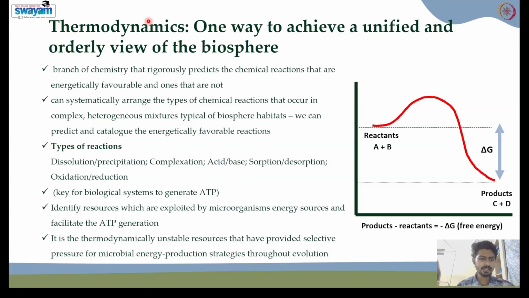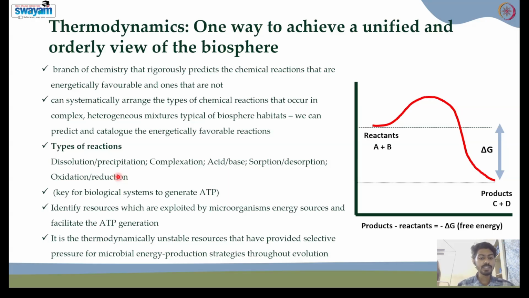So what happens here is it tells us whether the particular reaction is energetically favorable or not. So it tells us which reaction needs to be carried out, whether it is possible or not. And there are different types of reactions, right from dissolution, precipitation, acid base reactions, sorption, desorption reactions, and oxidation reduction reactions. So these are all the kinds of reactions normally observed in thermodynamics.